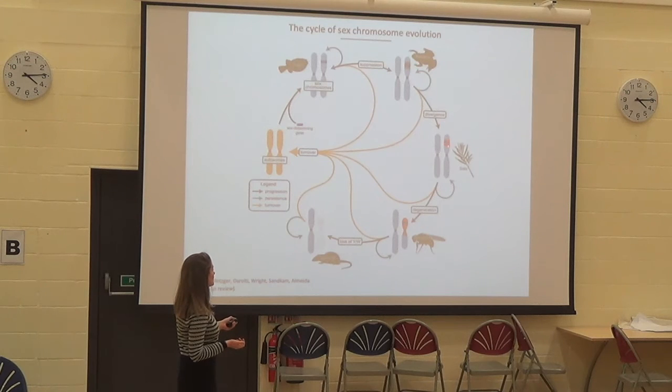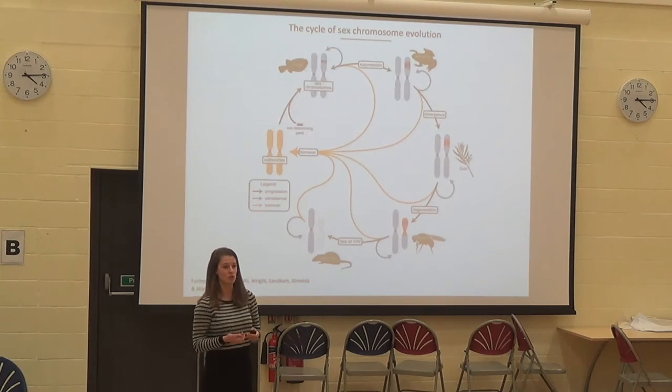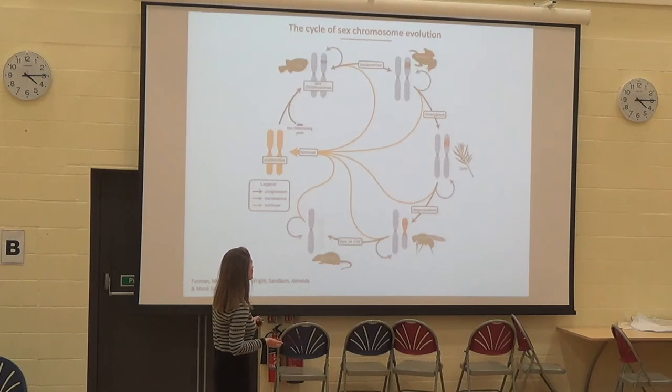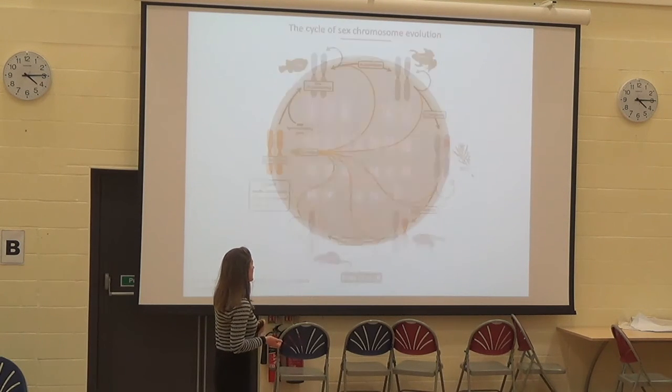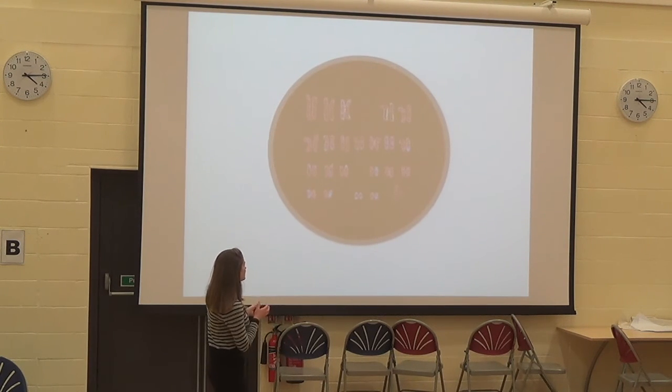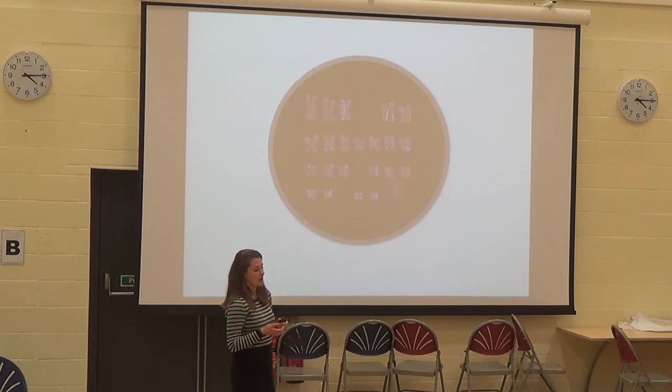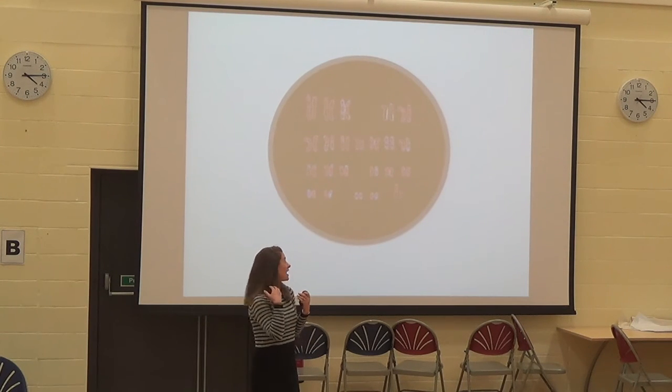But at any time, it looks like you can essentially completely lose your sex chromosomes and evolve a completely new sex chromosome pair, like we see across the guppies. And so we're starting to get a grip on why you get this in some species, but it differs in other species.